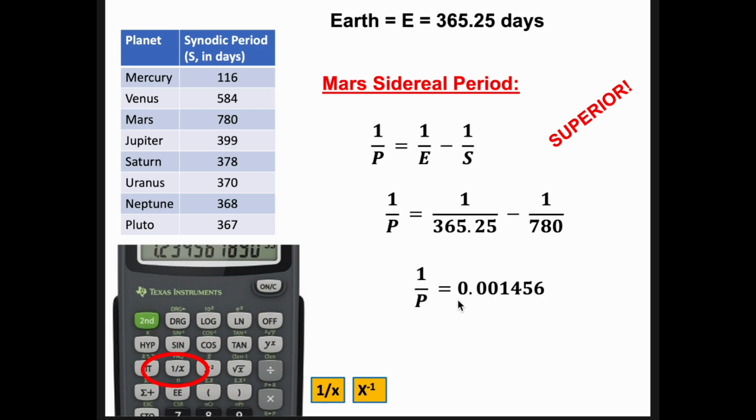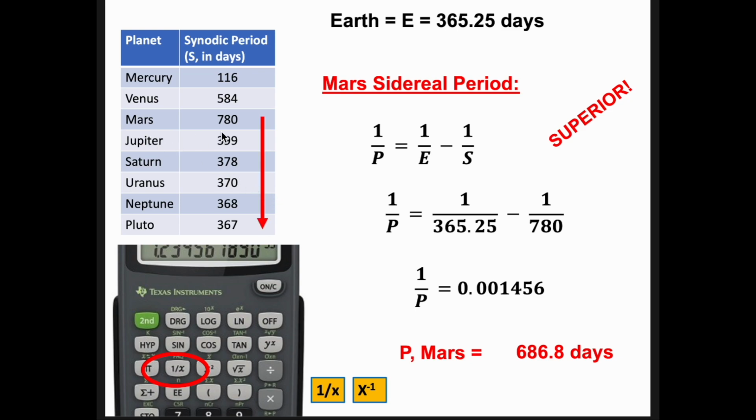You should find that 1 over P equals 0.001456. Now remember, this is not your answer. That's 1 over P. So we need to take 1 divided by this number, or raise it to the negative 1. If we use those buttons, we find the sidereal period of Mars, 686.8 days. A lot longer because Mars is further away from the sun than we are.